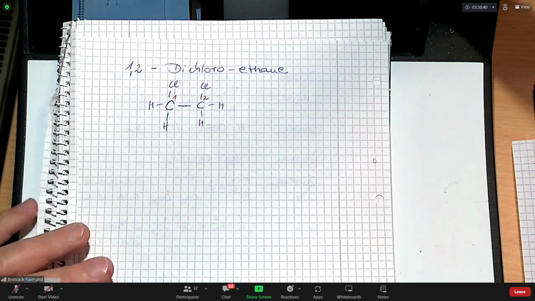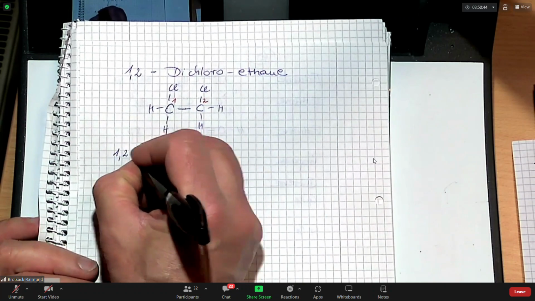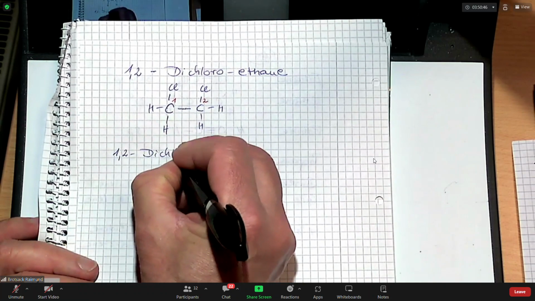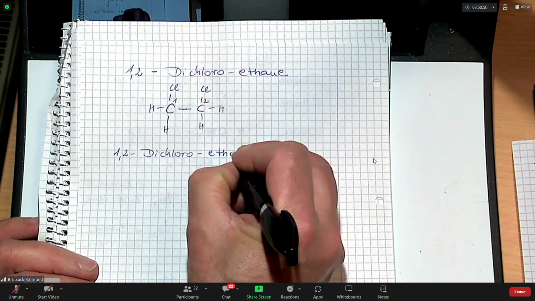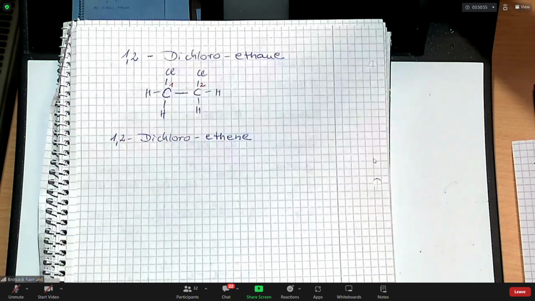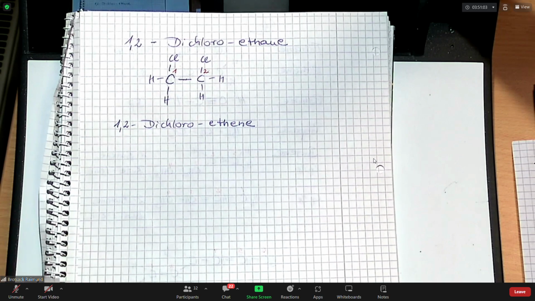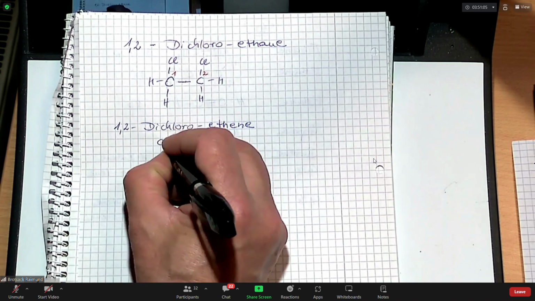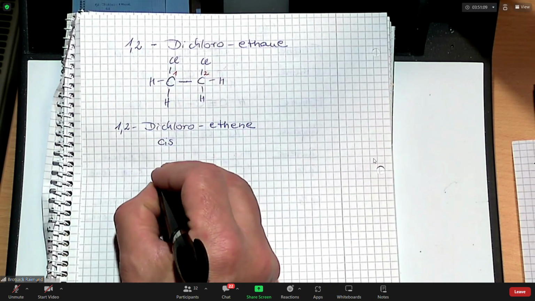I'd like to show you another one: 1,2-dichloroethene. Now, think about it. Here there are two options. Cis, trans, very good. Let's talk about the cis one.